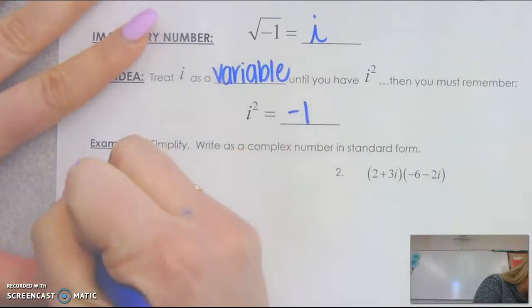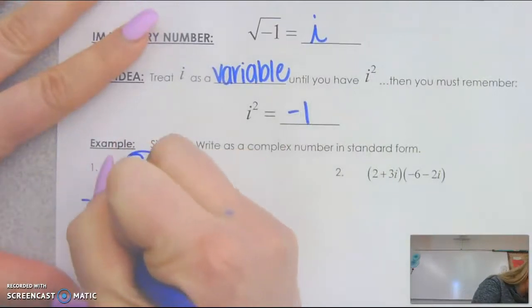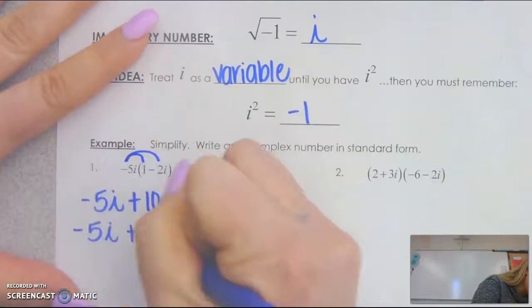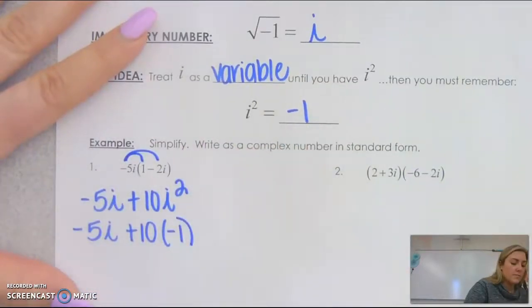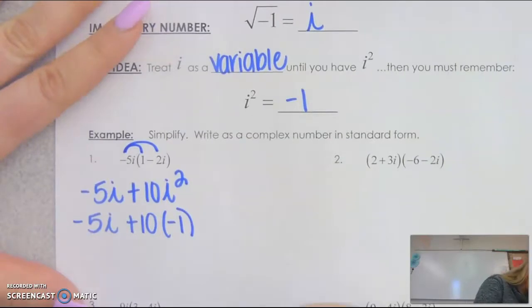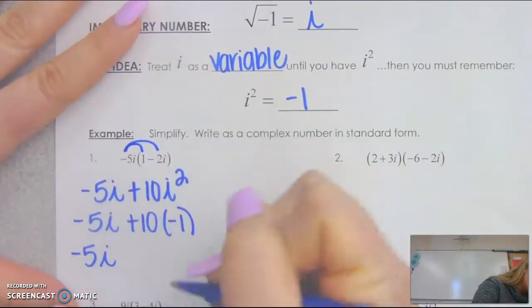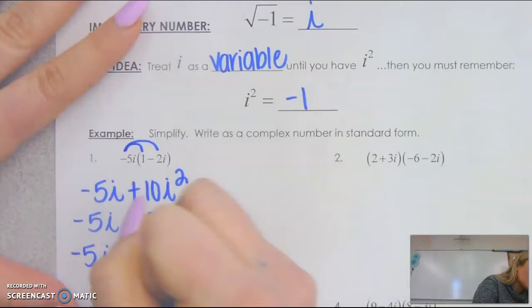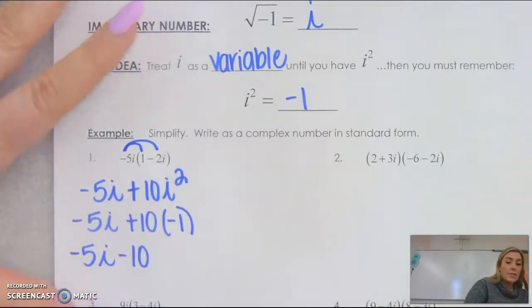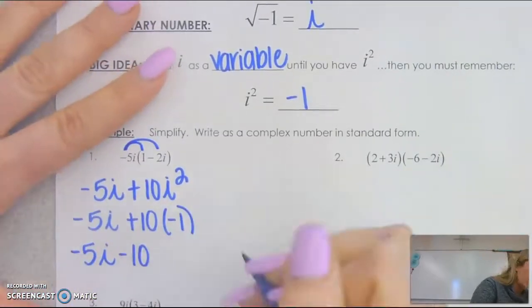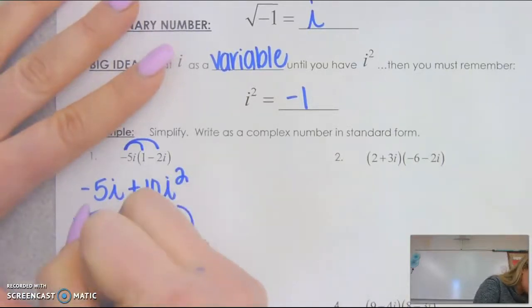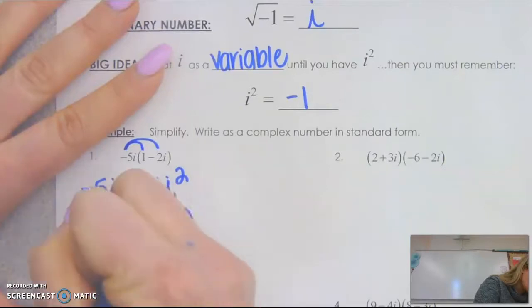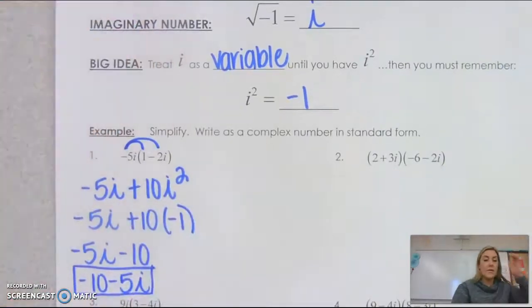I'm going to rewrite this as -5i plus 10, changing the i squared to -1. So I have -5i, and 10 times -1 is -10. But this is not in standard form, so I need to rewrite it as -10 minus 5i. That is my final answer. That's how I need to make sure that I'm typing it in Buzz too.